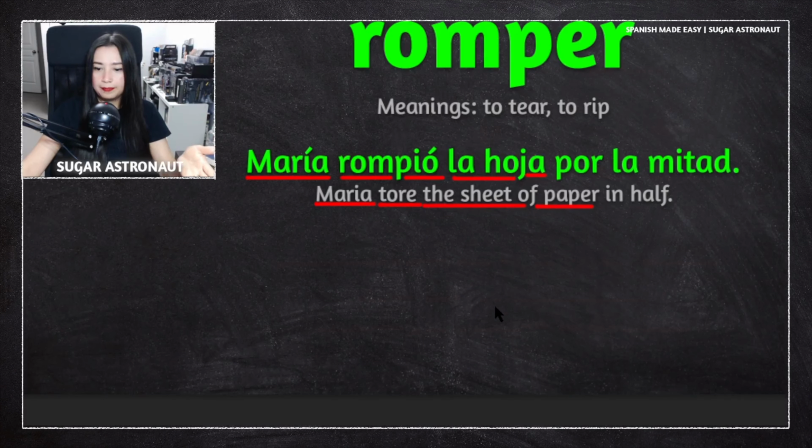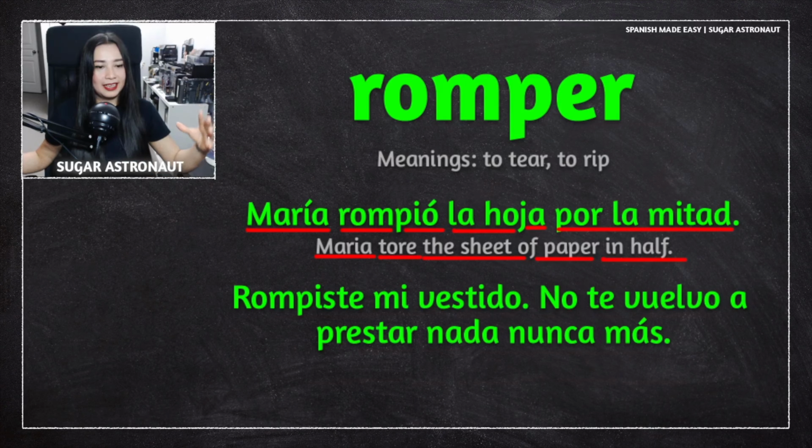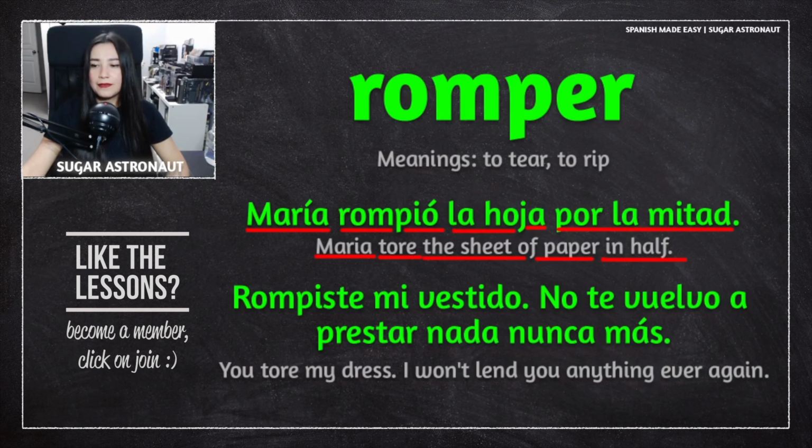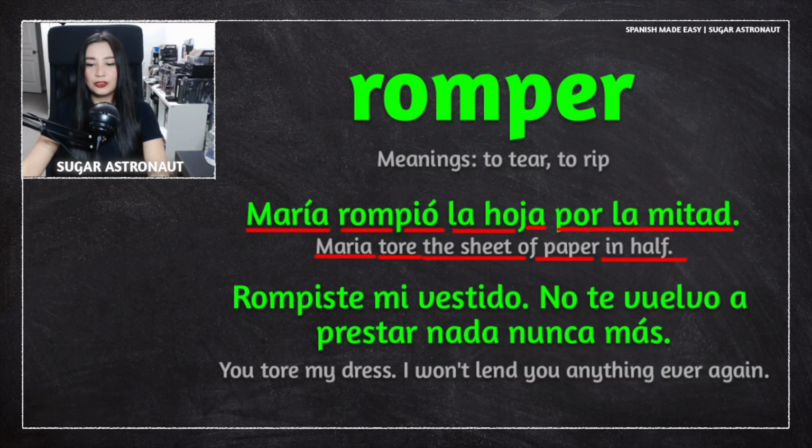No te vuelvo a prestar nada nunca más. Now, normal speed. Rompiste mi vestido. No te vuelvo a prestar nada nunca más. Okay? So, that's a long sentence. What does it mean? You tore my dress. I won't lend you anything ever again. That's dramatic. That's very dramatic.